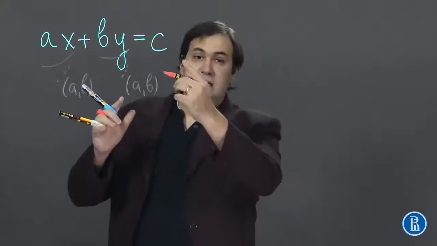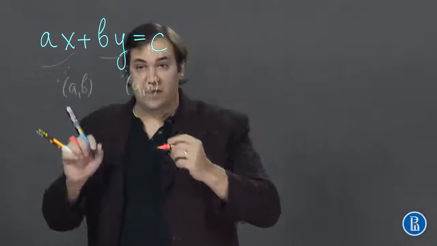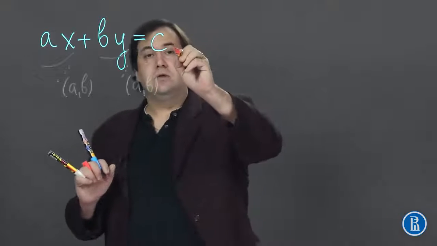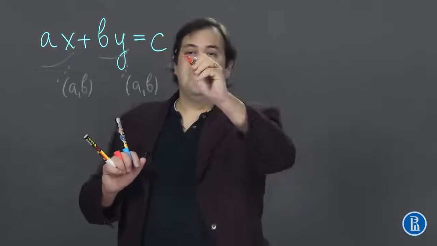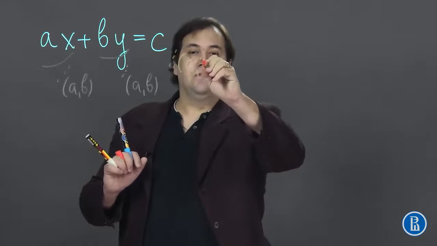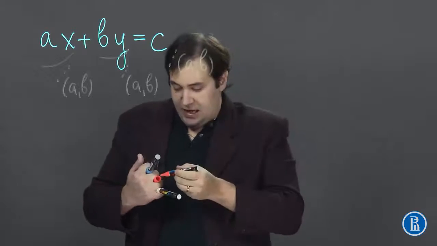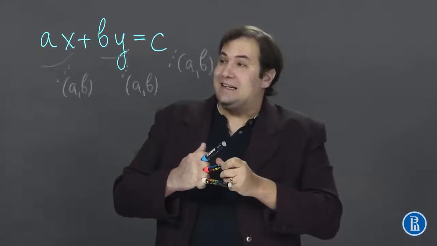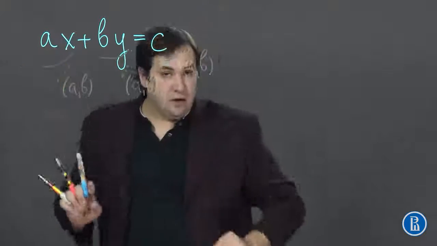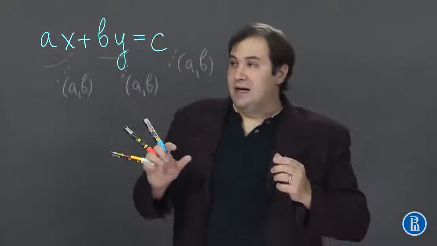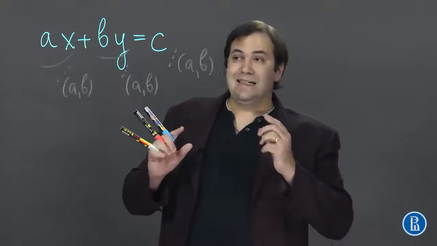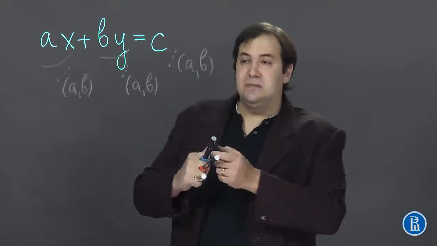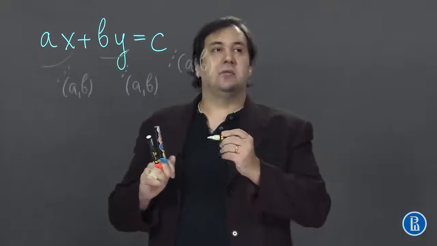So c, being a sum of these two summands, must also be divisible by the greatest common divisor of a and b. So we understand that if a and b, the coefficients upon x and y, are not mutually prime, then c must be divisible by their greatest common divisor.